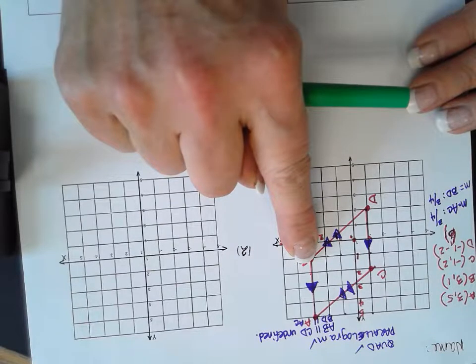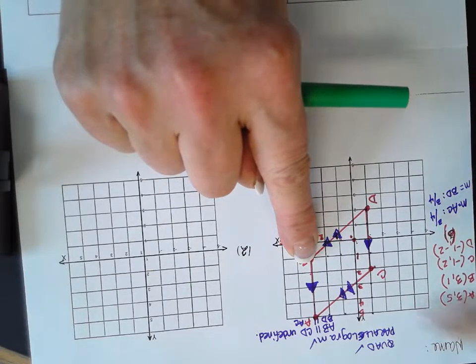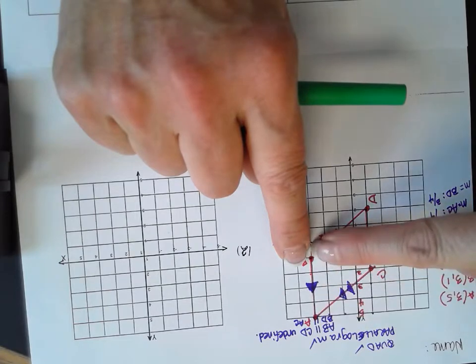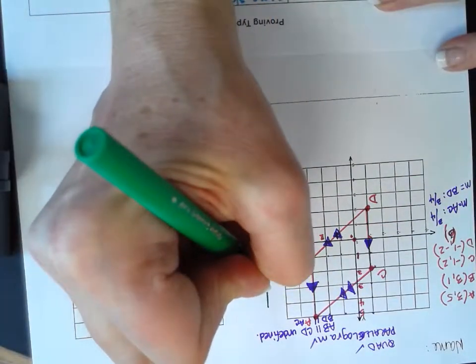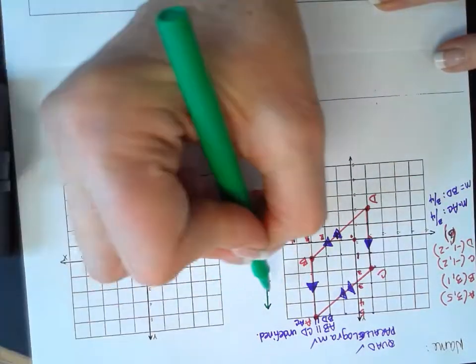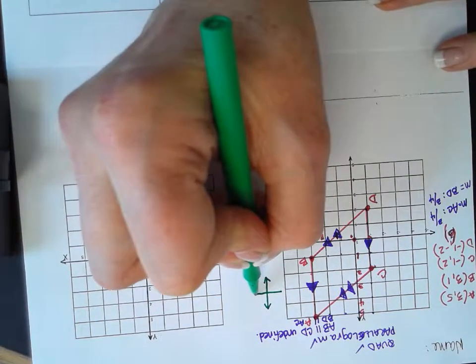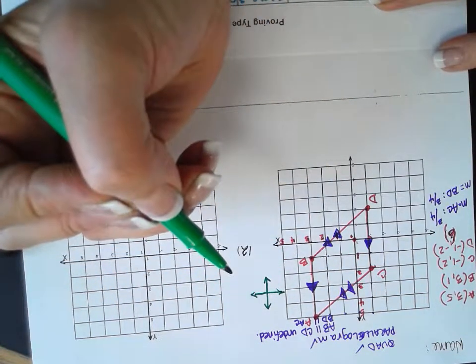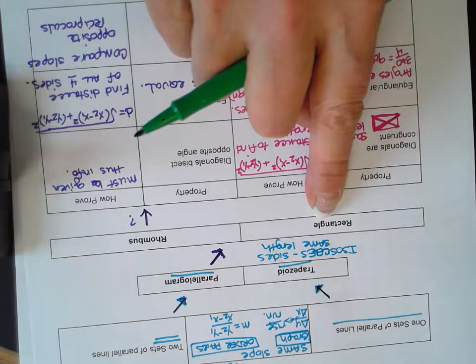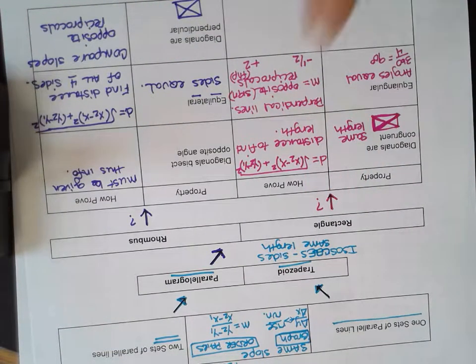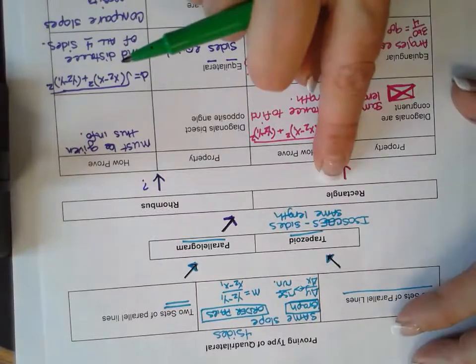What slope has to create my perpendicular line? A slope of 0. Is this line 0? No. So therefore, it can't be a rectangle. I just eliminated it. If it's not a rectangle, it's not going to be a square.